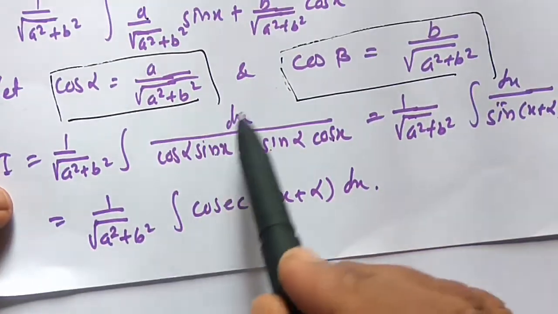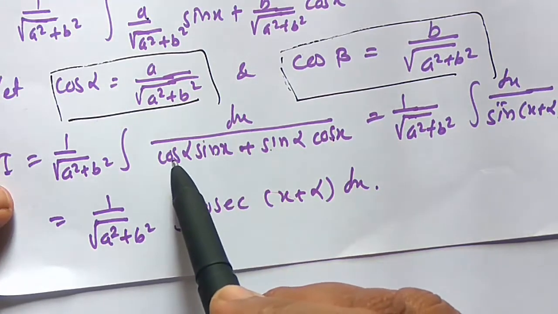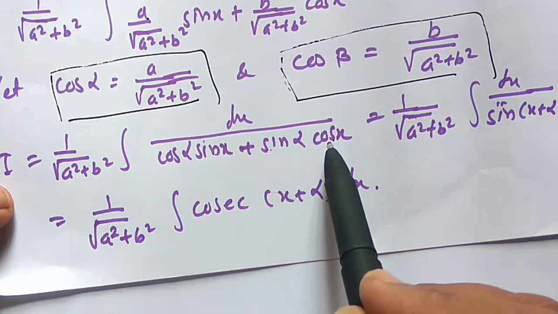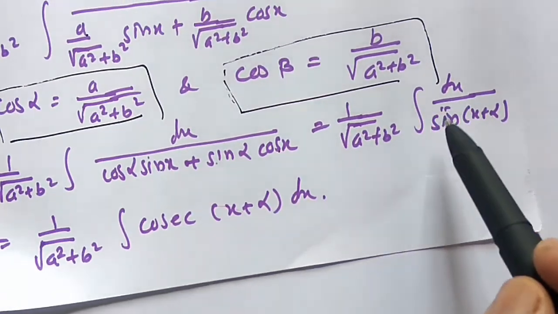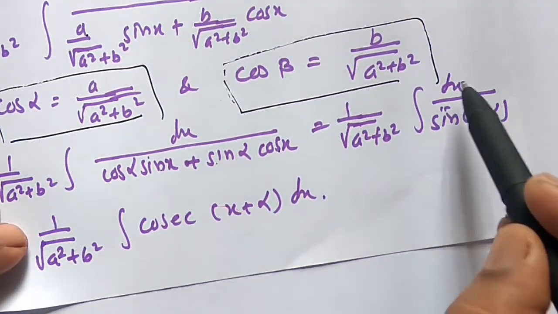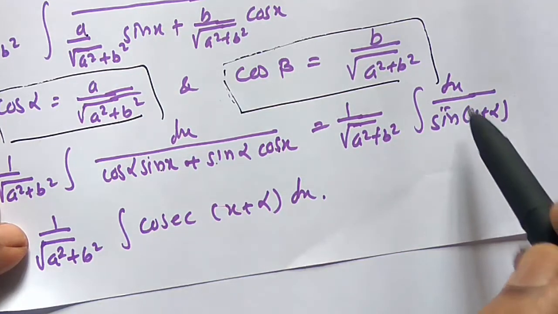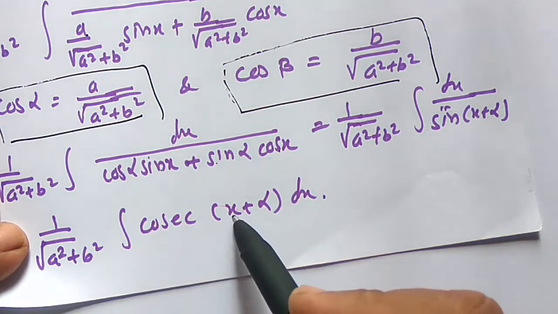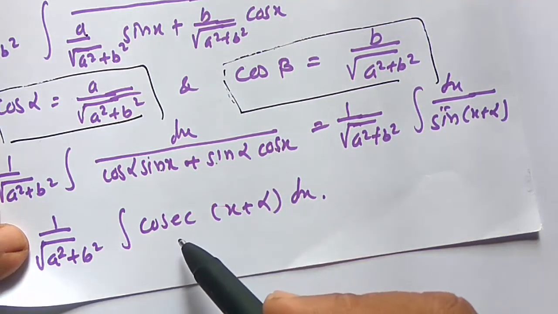Therefore we get the denominator cos alpha sin x plus sin alpha cos x. By using the addition formula, it becomes sin of alpha plus beta, and if it is taken into the numerator, it becomes cosec of x plus alpha, and we can find its integration.